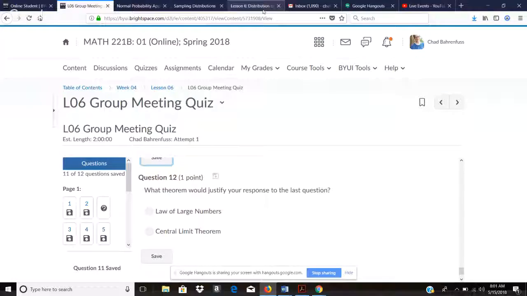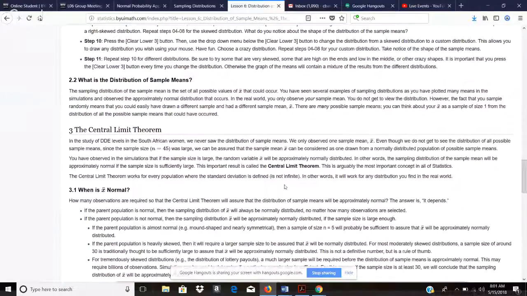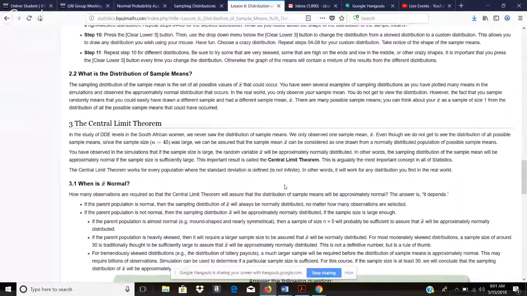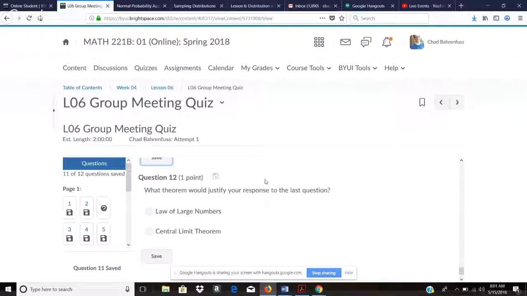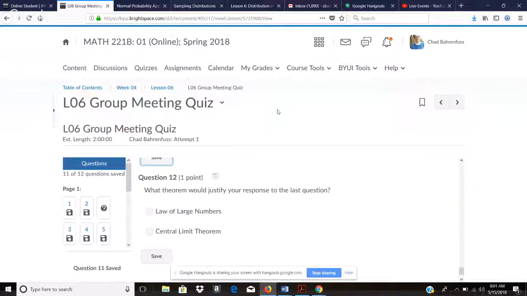And this is what I wrote. If the sample size is large, regardless of the distribution, what would the shape of the distribution of sample means be? It would always be normal, right?